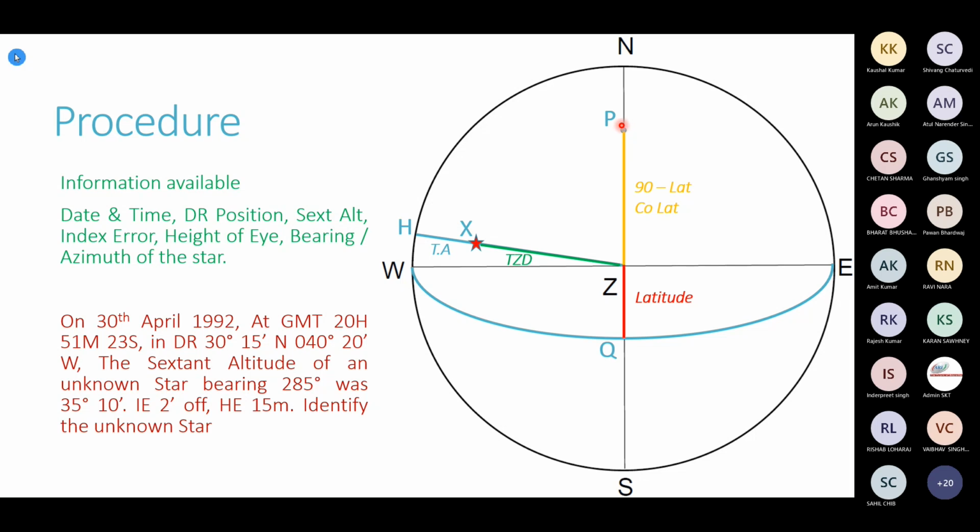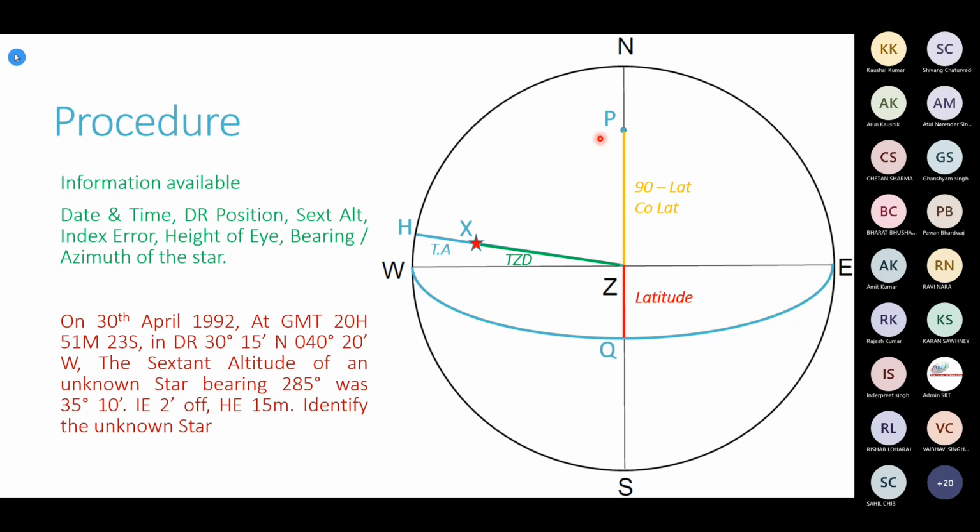We have the pole represented by P, the zenith of the observer represented by Z, and the celestial body represented by X. Now, two sides of the PZX triangle are also visible to us: ZX, the true zenith distance, highlighted in green, and PZ, which is the colat or 90 minus latitude of the observer, highlighted in yellow. So let's mark the third side of the triangle now.